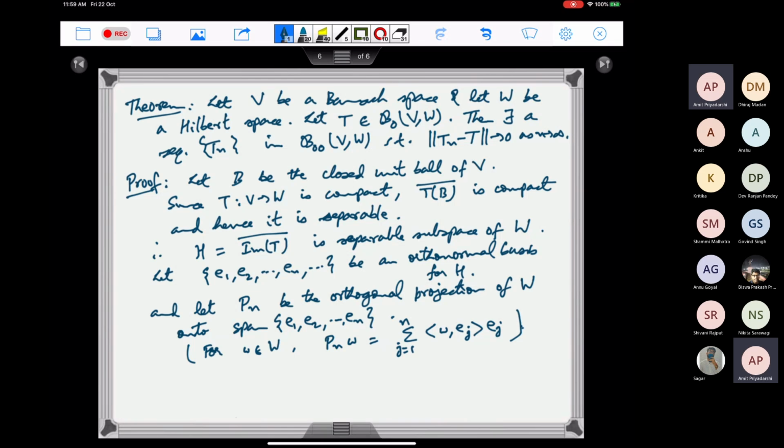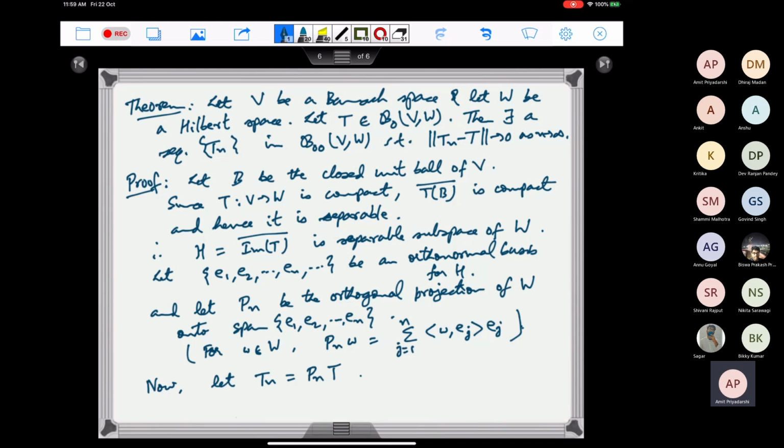So then what do we know? So now we will define Tn. Let Tn be equal to Pn composed with T. So T is this compact operator from V to W, and then we are composing it with the orthogonal projection from W to this finite dimensional space.